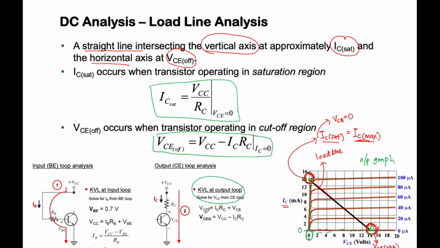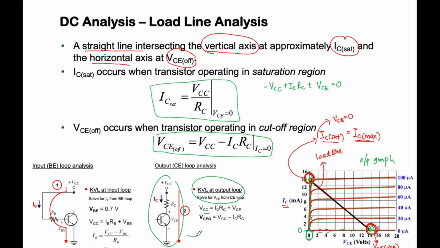KVL at the output loop, as we have learned and discussed: negative VCC plus ICRC plus VCE is equal to 0.